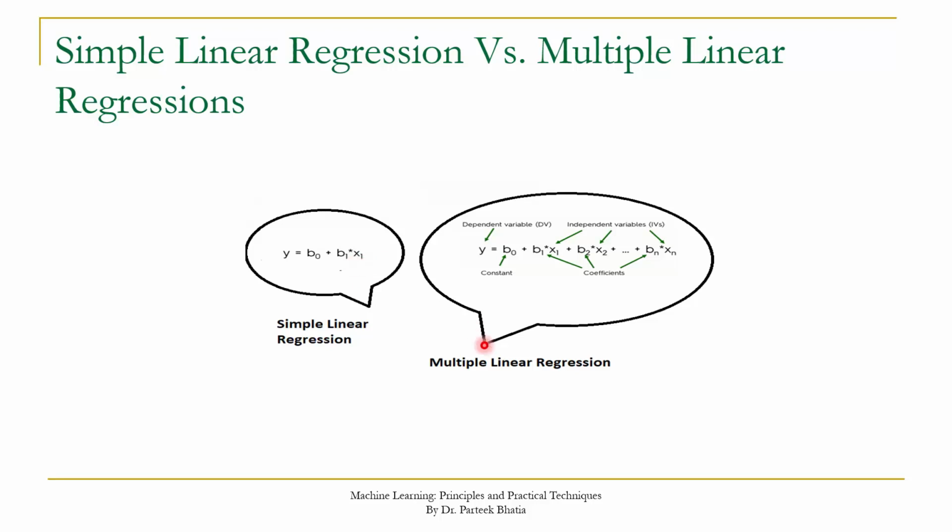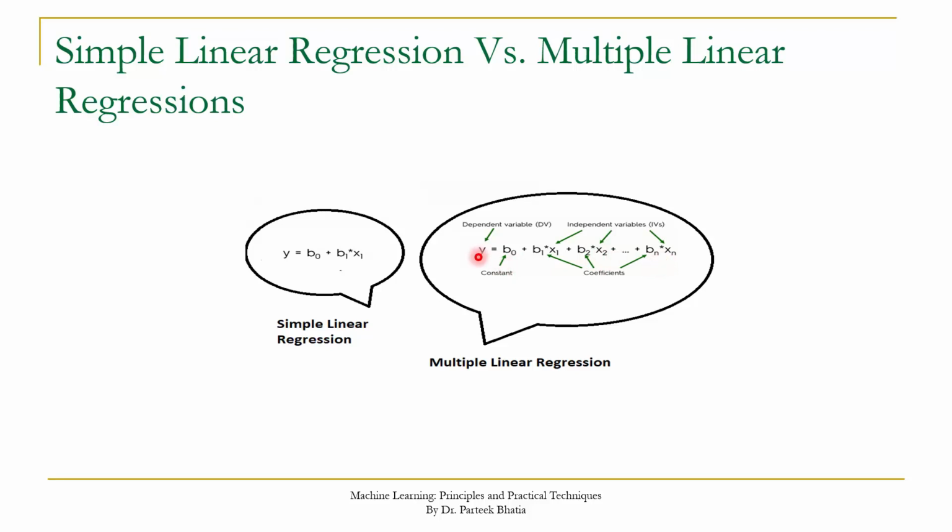As we have discussed, in case of multiple linear regression, we have multiple input attributes ranging from x1, x2 to xn. So the equation of multiple linear regression will look like this: y equal to b0 plus b1 x1 plus b2 x2, similarly up to bn xn.